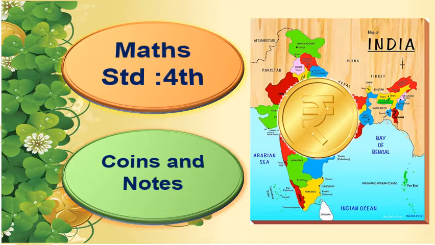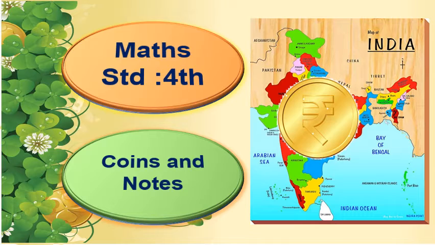Okay? And our Indian rupee is subdivided into 100 paise, right? And here Indian rupee we can see in two forms, that is in metal coins and paper notes, right?